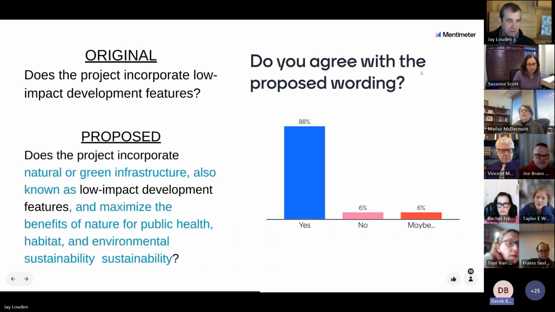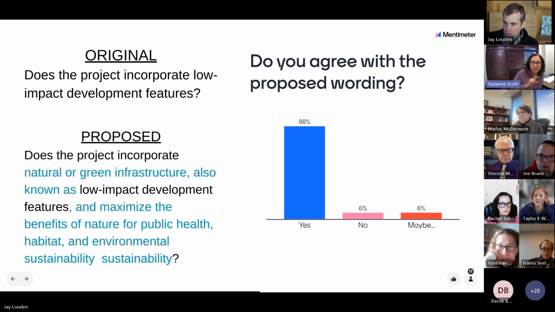I would say nature-based solutions covers that whole chunk. Yeah, I would agree with that. Let's use similar terms. That way you only have to define them once. I agree. Okay, got it.